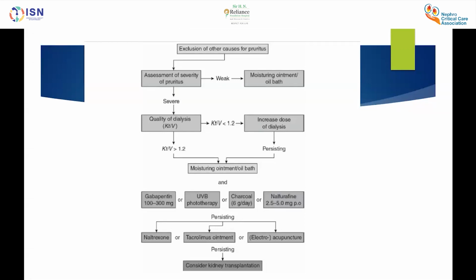Next, if you increase the dose of dialysis and it still persists, then along with moisturizing with emollients, you can combine these various steps: gabapentin, ultraviolet light phototherapy, charcoal, nalfurafine. And despite using all this, if it still persists, then you can try naltrexone or tacrolimus ointment. And if it further persists, then you need to consider kidney transplantation.